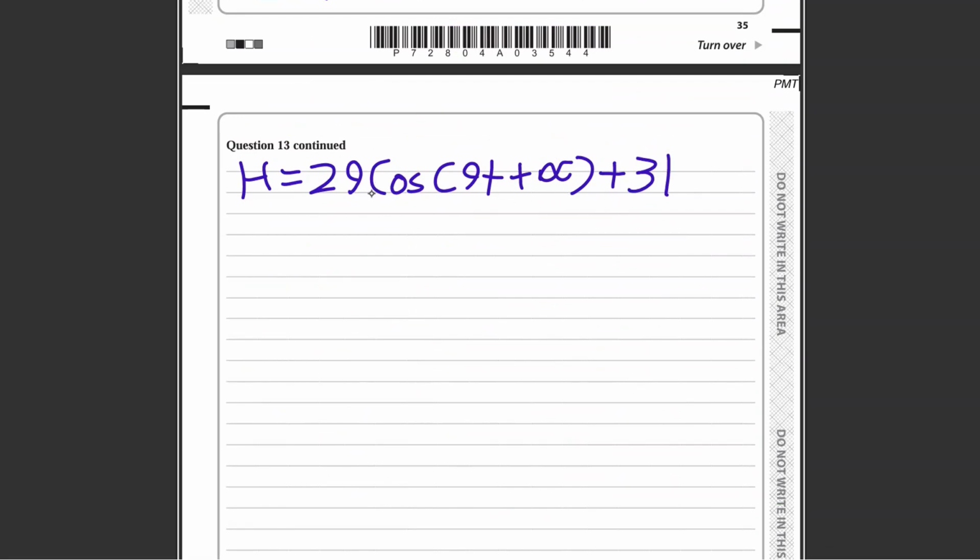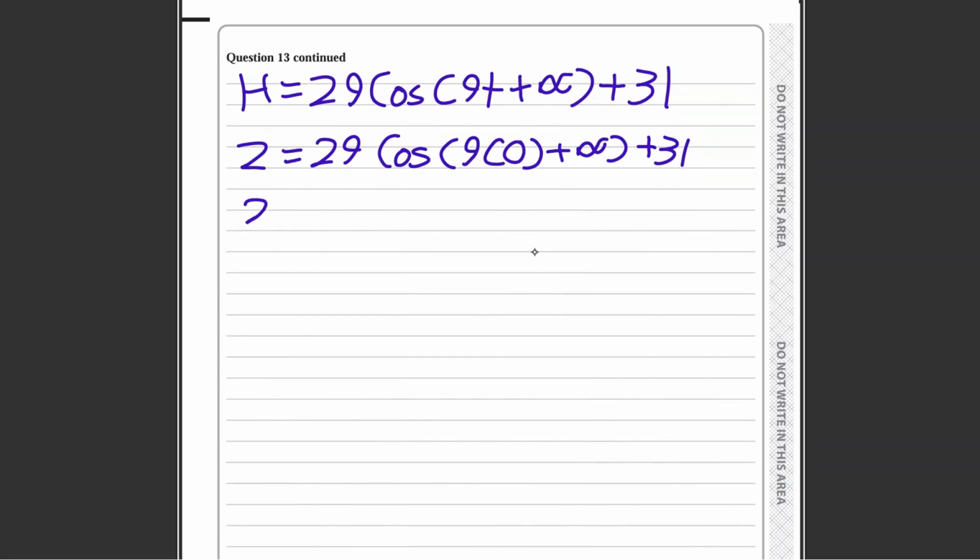So h is equal to 2, so it's 2 is equal to 29 cos of 9, but instead of t it's going to be 0 here, plus alpha plus 31 like this here, and then we're going to rearrange in order to find alpha. This is 2 is equal to 29 cos, and then 9 times 0 is 0, so in the cos function here it's just going to be alpha like this here, plus 31.